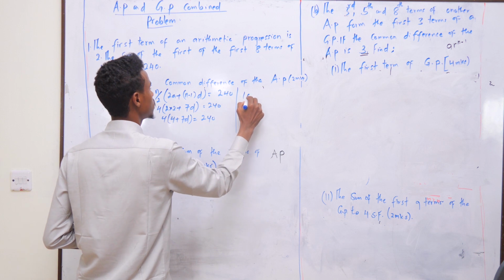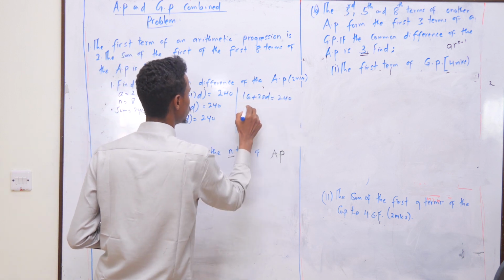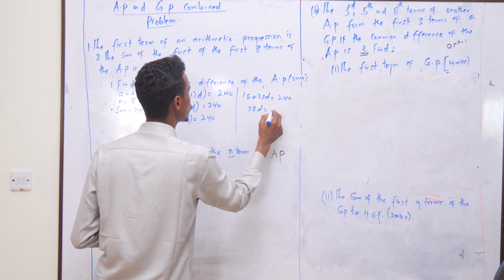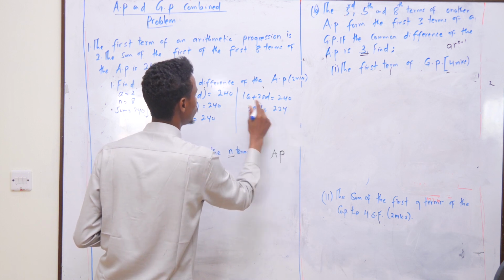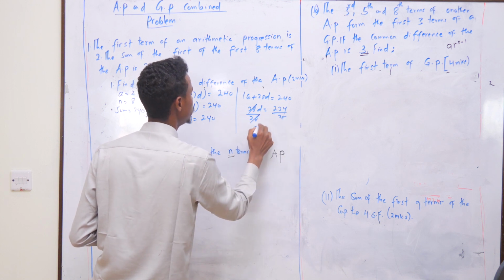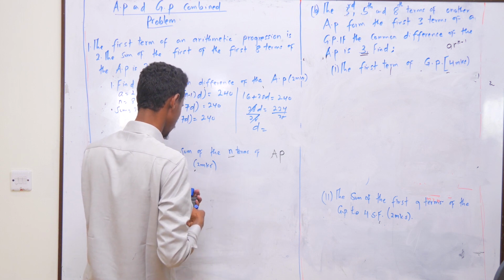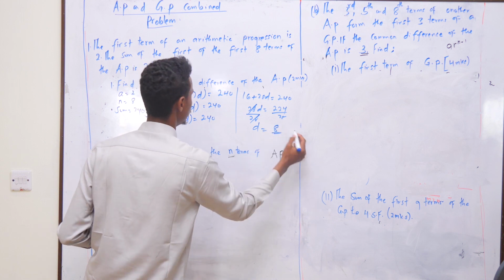It will be 16 plus 28d is equal to 240. Now 28d is equal to 240 minus 16, which is 224, over 28. Now d will be 224 divided by 28. It will be 8. Very simple.